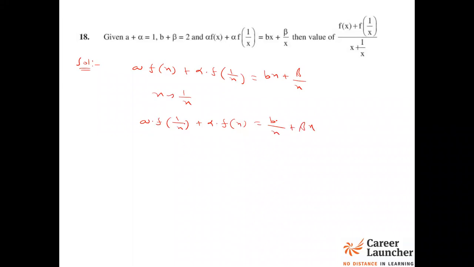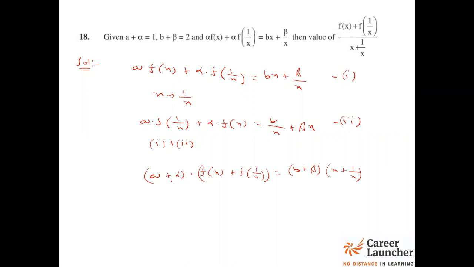Now add the two equations. Let this be the first equation and let this be the second equation. Adding these two equations, what do we get? We get a plus alpha times f of x plus f of 1 by x is equal to b plus beta times x plus 1 by x.